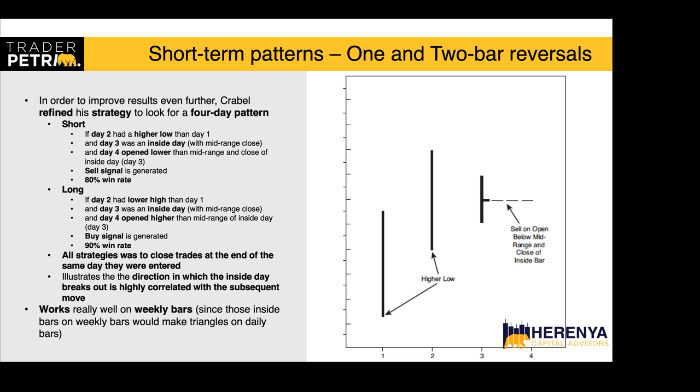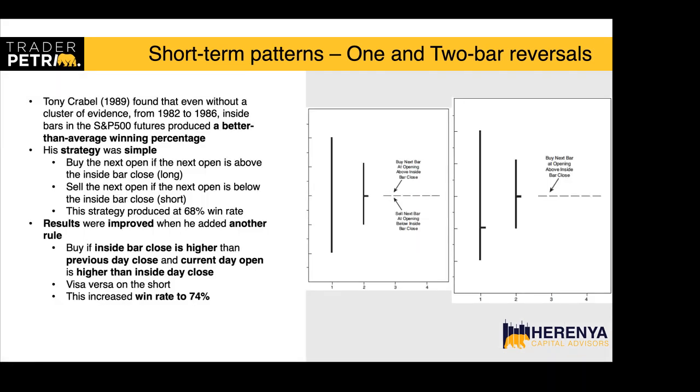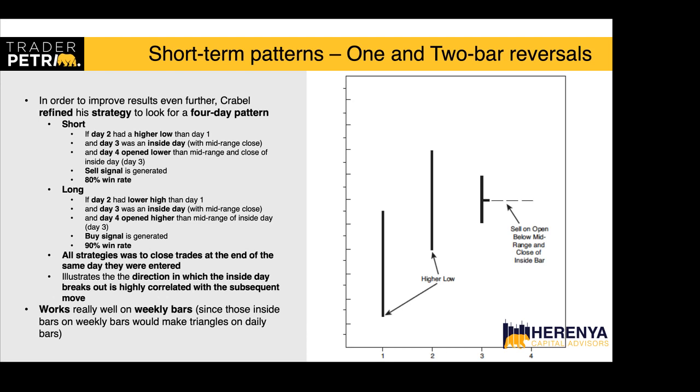He took it even further and said that he wanted to look for a 4-day pattern, and he's really trying to drive a point home here. So on the 4-day pattern, I'll explain it to you.